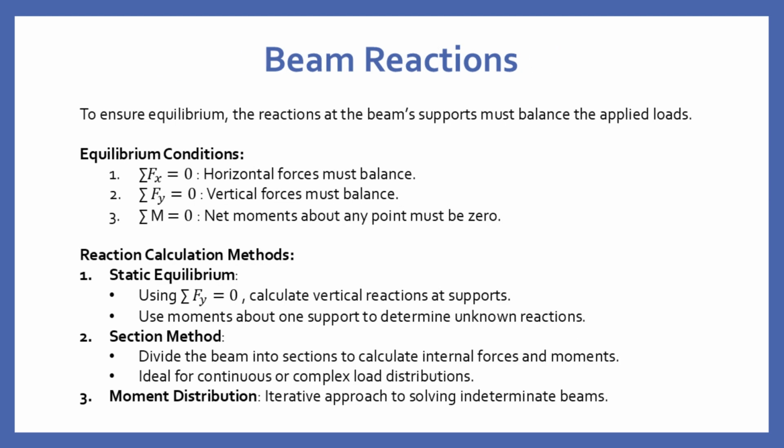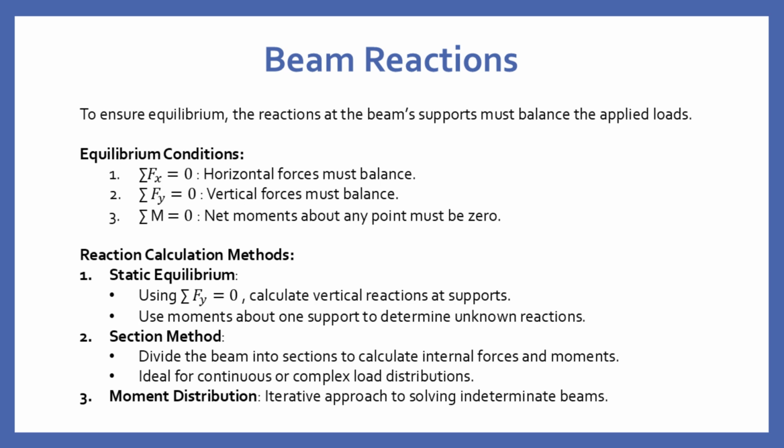Let's delve into the fascinating world of beam reactions. To understand this concept, imagine a beam as a perfectly balanced seesaw. For any beam to remain stable, all forces acting on it must be in perfect equilibrium. We use three fundamental equations to ensure this balance.